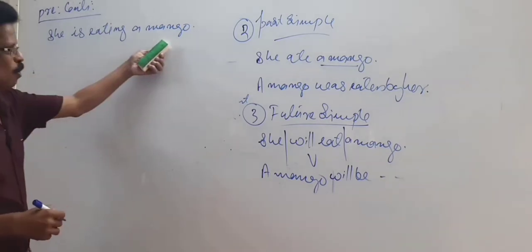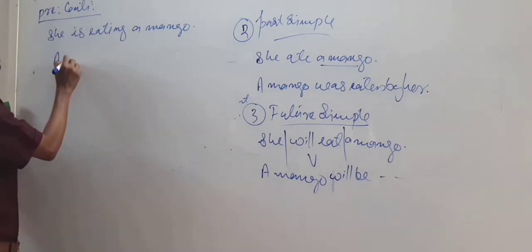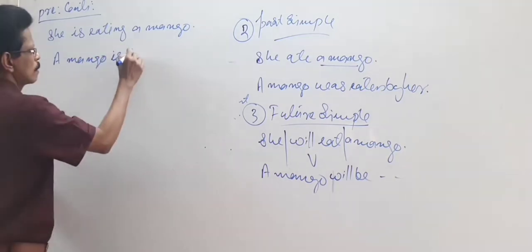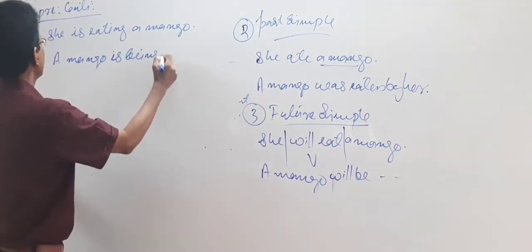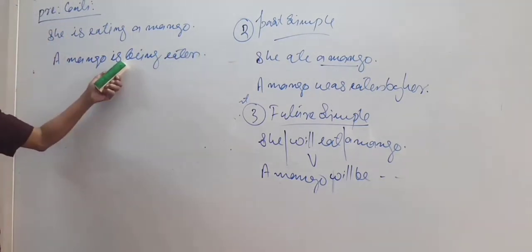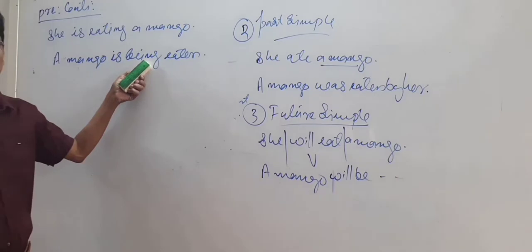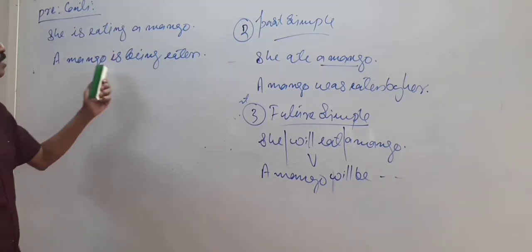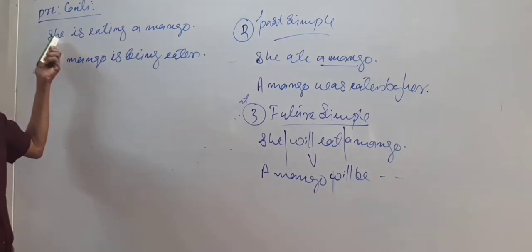Yes, a mango. What is the answer? Is being eaten. Of course, V3 should be there, but the ing form of the be form. See, a mango is being eaten by her.